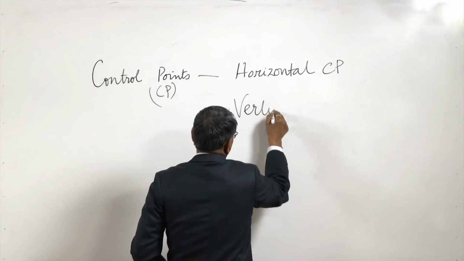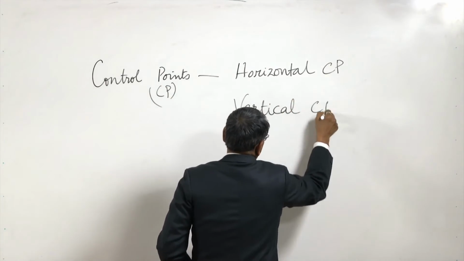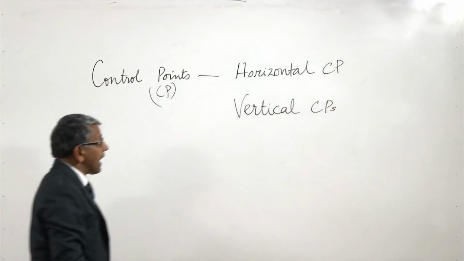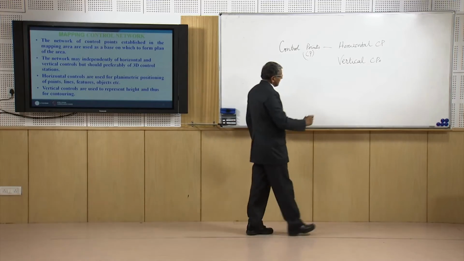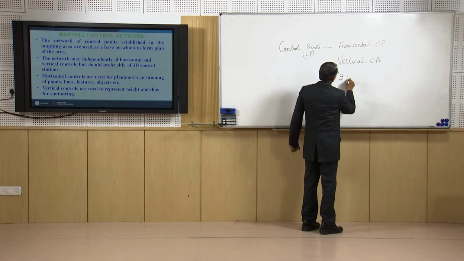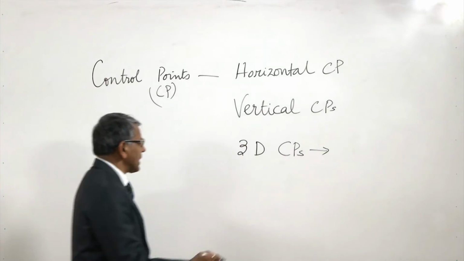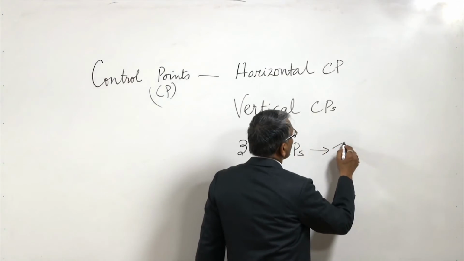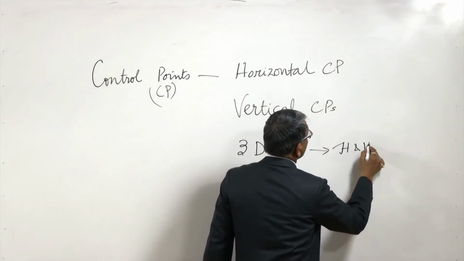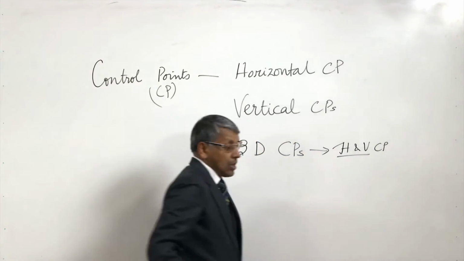And nowadays one more is widely available, that is the 3D control points, which can be considered as both horizontal and vertical control points.